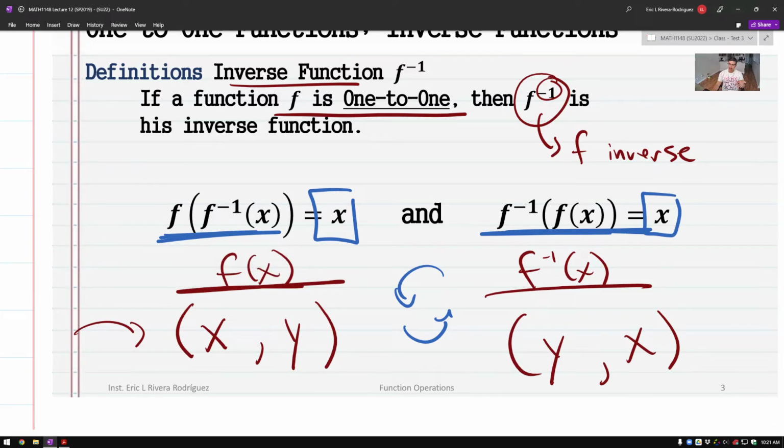It doesn't matter the order, always the equation is going to give us back the input.